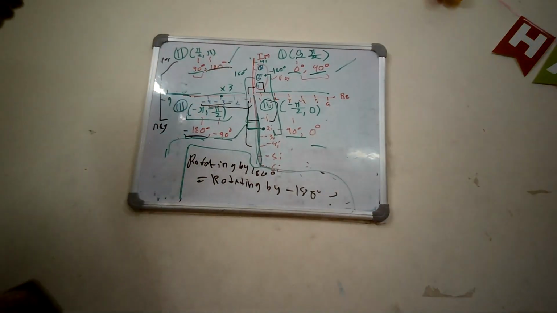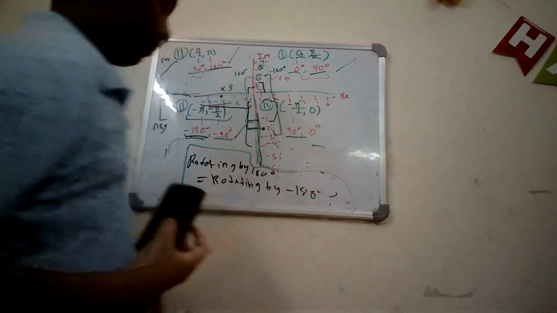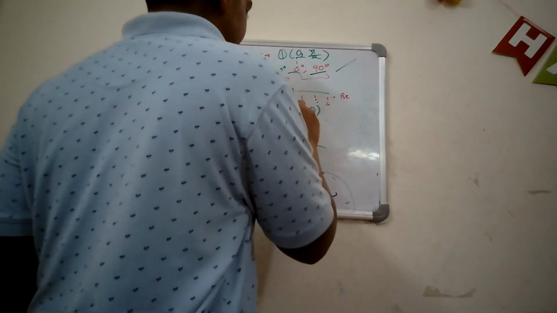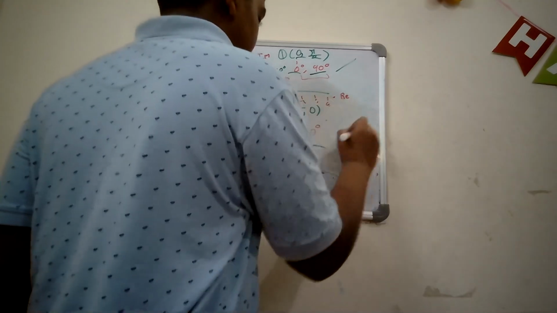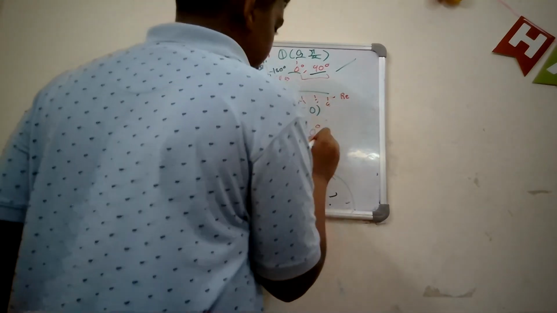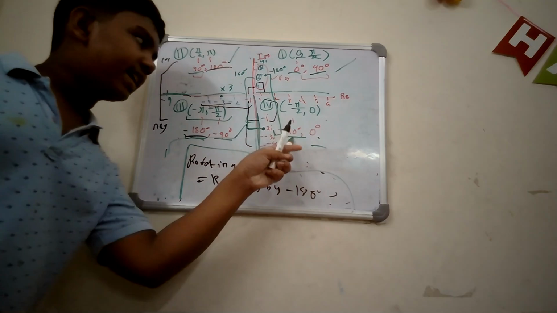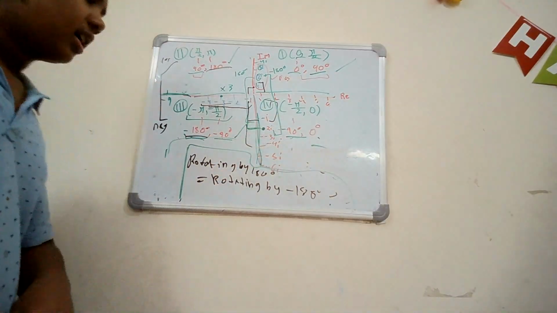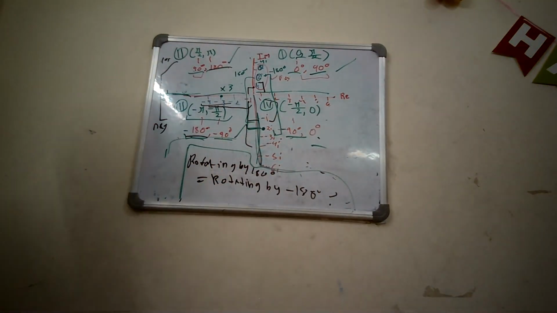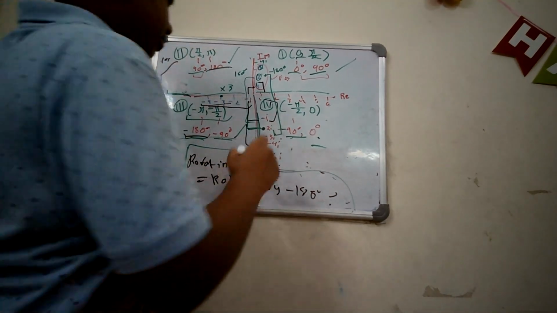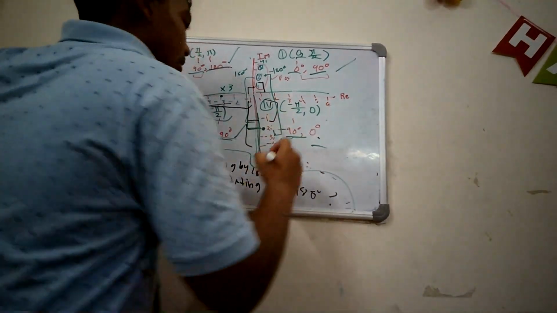Now coming here to quadrant number 4, we have negative pi upon 2. This is negative 90 degrees, going from this range to this range. So we're going from negative 90 degrees to 0 degrees. Suppose I have a number here.